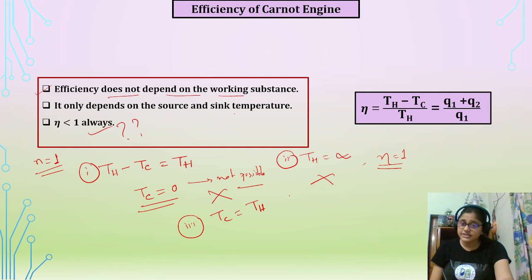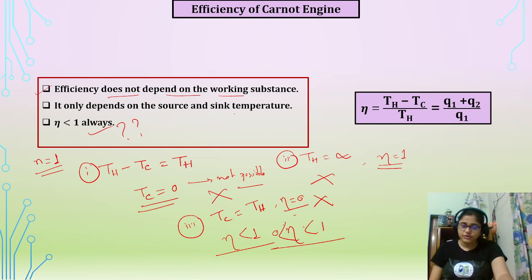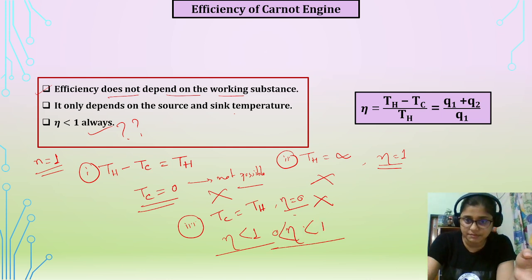If we take TC equal to TH, then eta will be 0. But this is also not possible. So for every case, eta will not be 1, obviously, it will be less than 1. It will be actually greater than 0 and less than 1. So we can say simply it is less than 1.